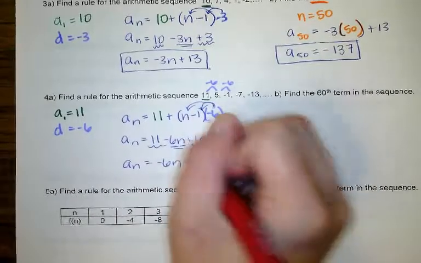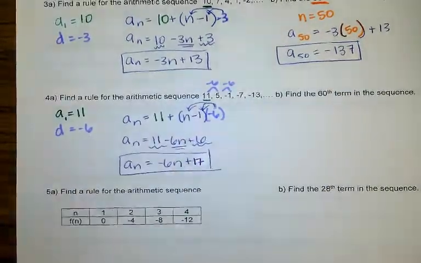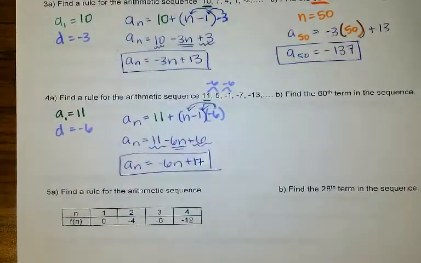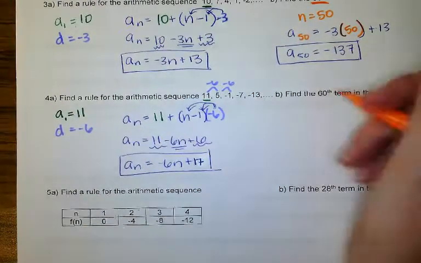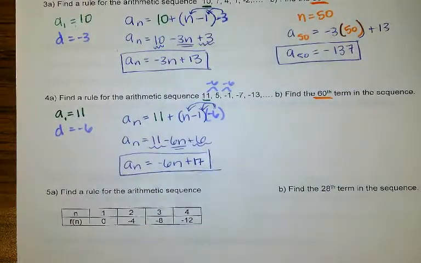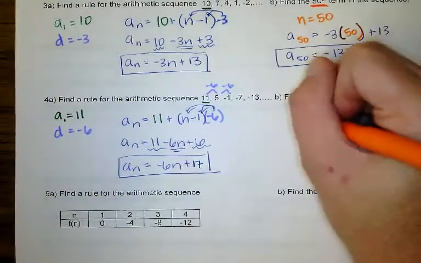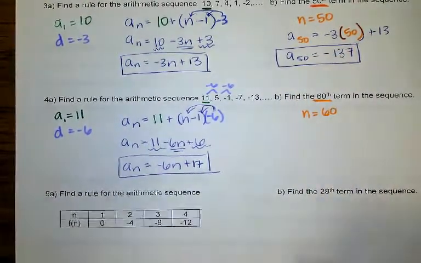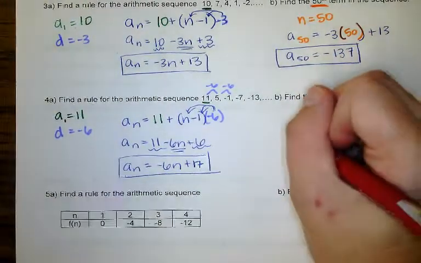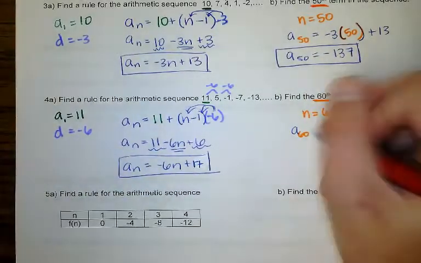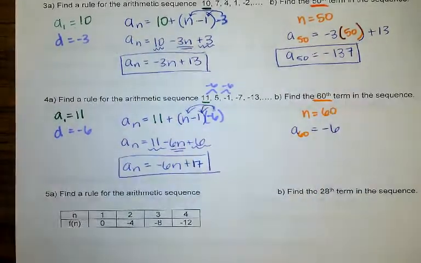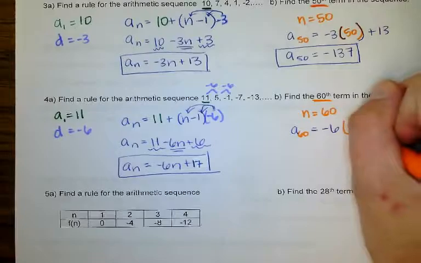So now that we have our formula, can we find our 60th term? Yes. So we're going to say n is equal to 60. So a sub 60, because that's what our n is, is equal to negative 6 times 60 plus 17. Negative 6 times 60 is what?